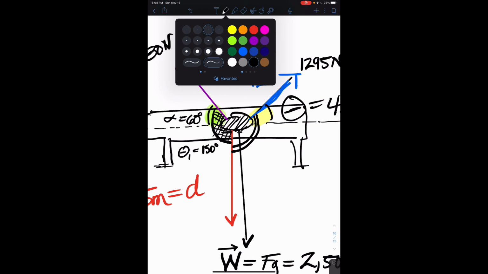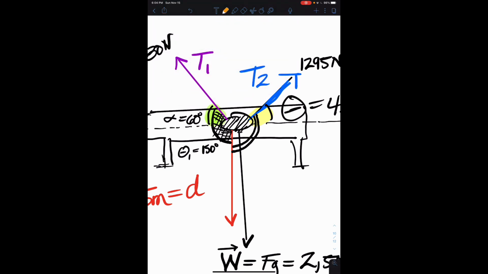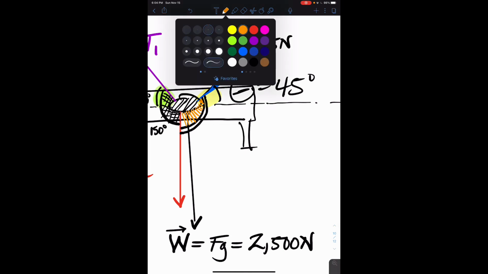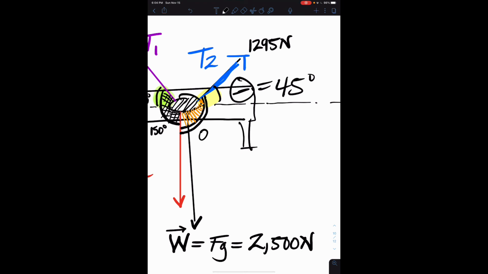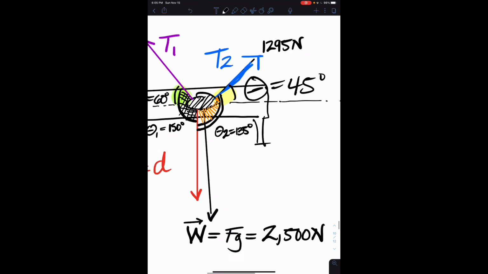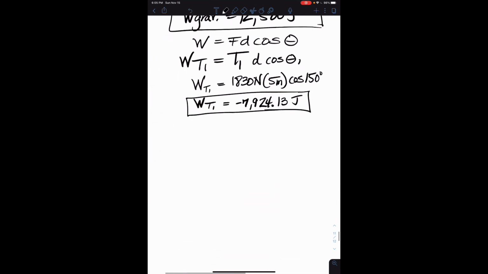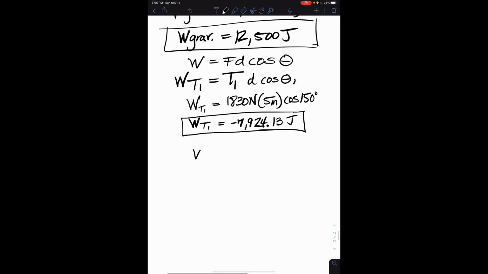Let's use orange. What is this angle? Well, 45 plus 90, just 135. We'll call that theta 2. Pretty much the same method as last time. Once again, W equals F d cosine theta.